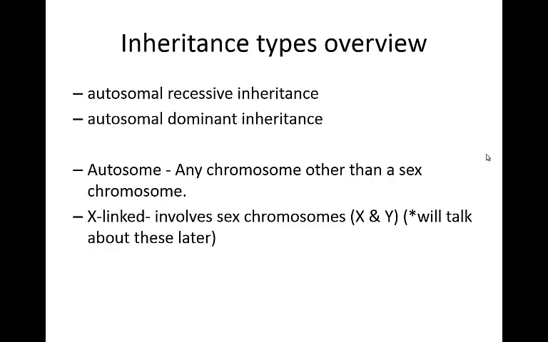Autosomes are any chromosomes other than the sex chromosomes, so chromosomes 1 through 22. If something is X-linked, it involves the sex chromosomes, the X and Y chromosomes. We're going to talk about these later in a later chapter.